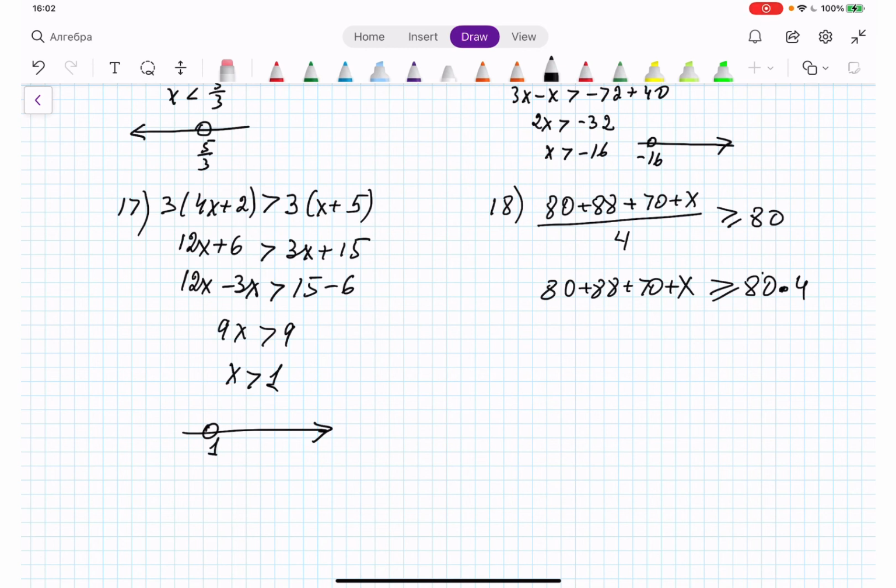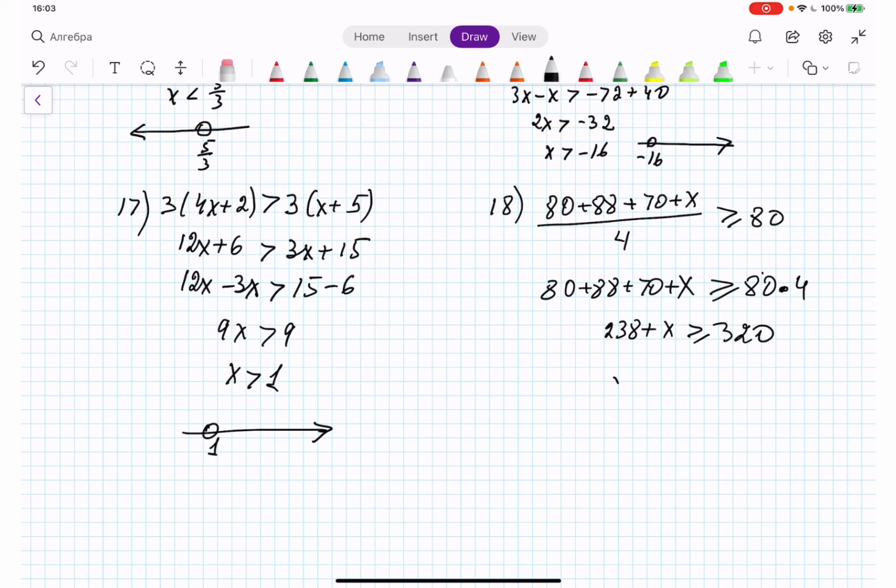From here, what do we have? 80 and 70, it's going to be 150, and 88 is going to be 238 plus x greater equal 320. Yes? 80 times 4, 320.